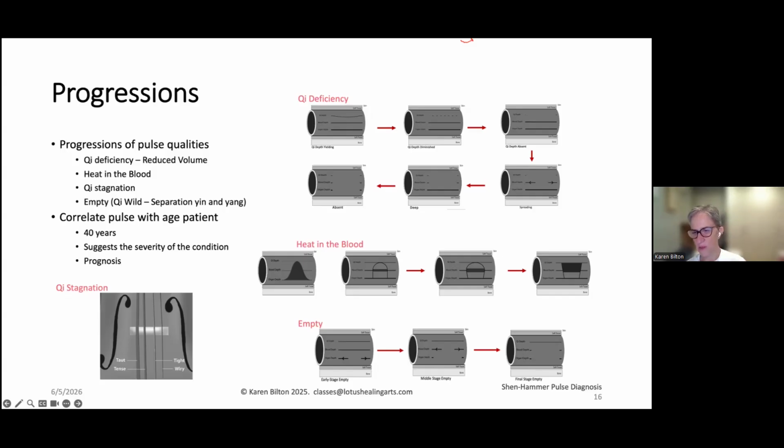But once we're here, you've got to work a whole lot harder, if at all, you can bring it back. So as you can see, once you have an understanding of the system, you can see the progression through which pulse qualities go and how they describe the physiological processes in the body.